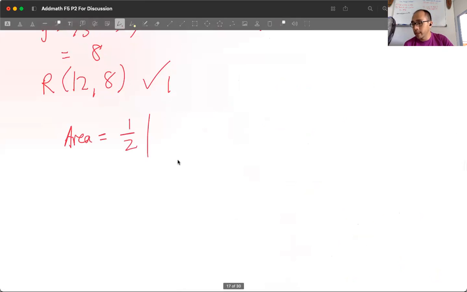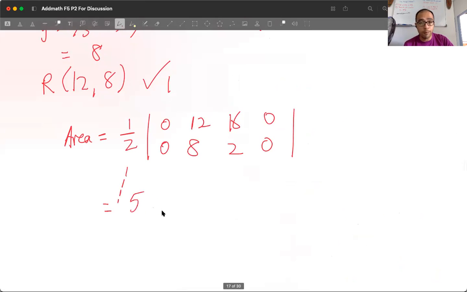Then we arrange everything once again. So I'm going to use 0, 12, 16, 0, 0, 8, 2, and 0. Then after you calculate, you get the answer equals 52. It is only two marks. So here one mark, here one mark. If you want to write unit squared also can, up to you. But it's only 2 marks.